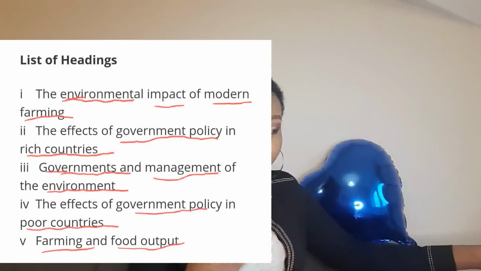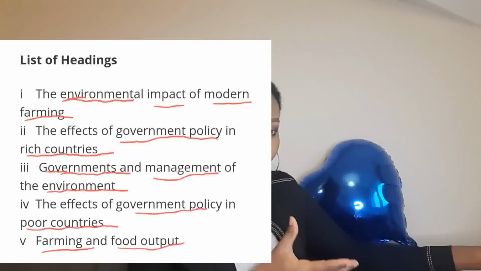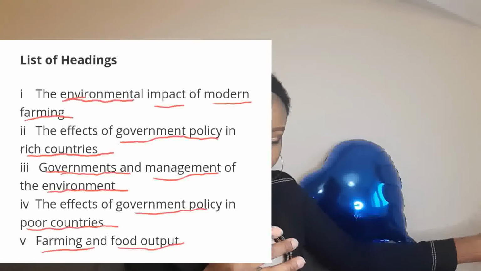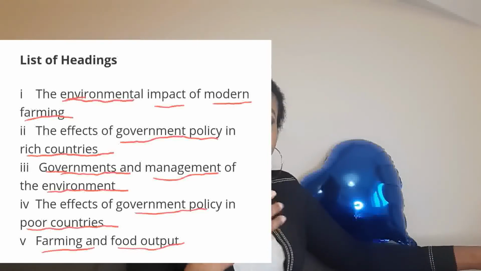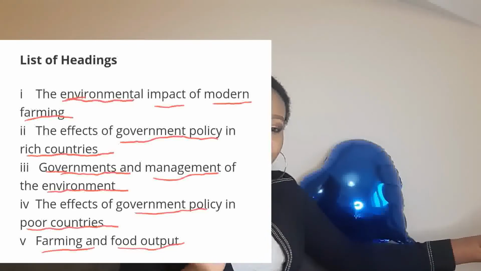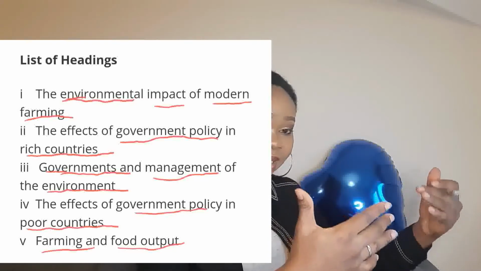I have another keyword: management, and you have environment. Now, the effects of government policies in poor countries. Now we have poor countries, and you have government. The other one is in rich countries. Now, this is poor country. Then farming and food output. So these are keywords. When you understand the keywords in each heading, you should be able to solve this question type easily and effortlessly.